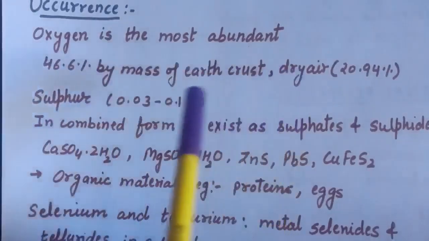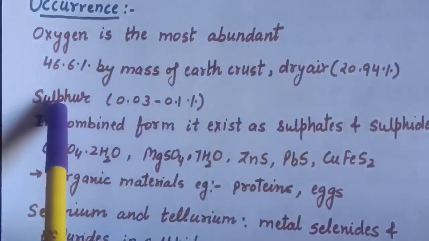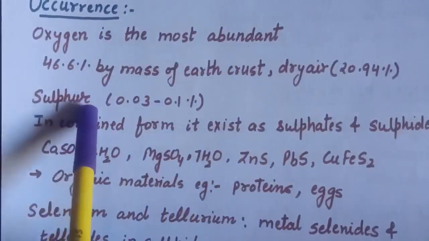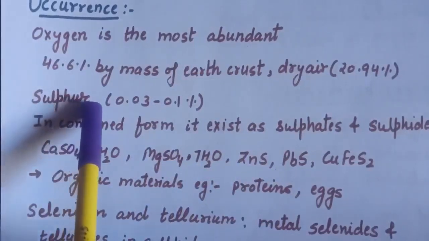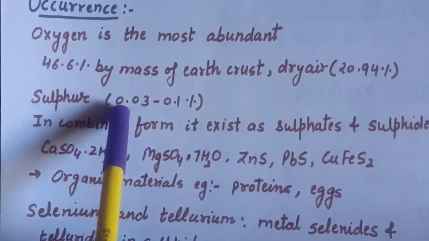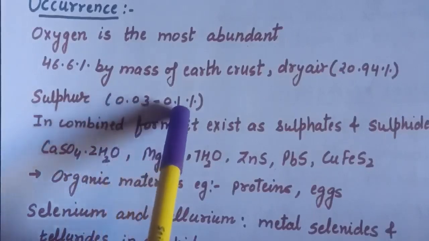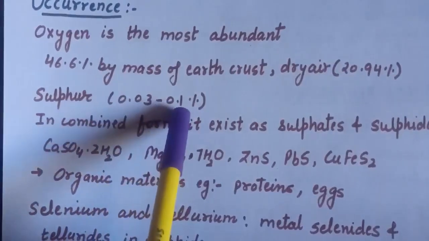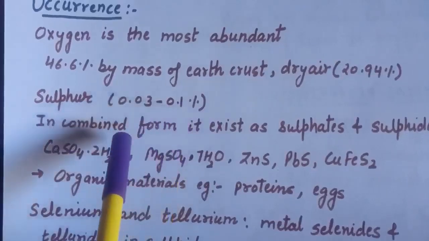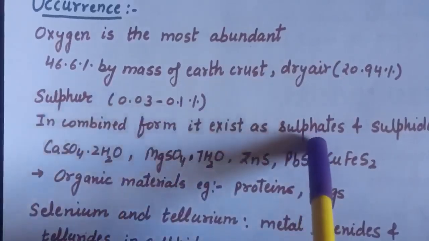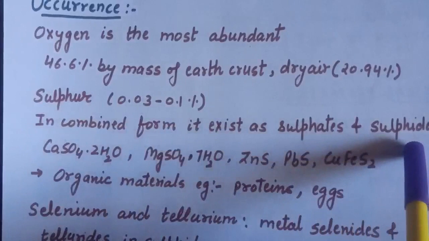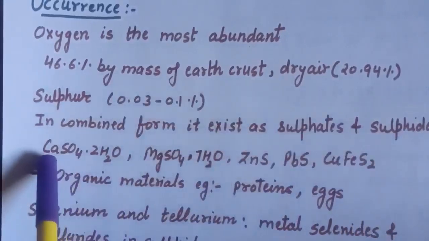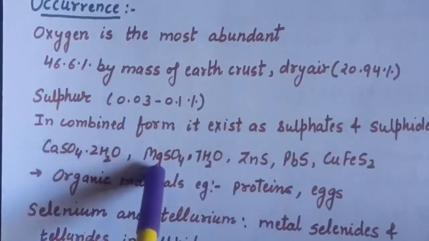Now when we talk about the occurrence of sulfur, sulfur in earth crust is only about 0.03 to 0.1%, and the combined sulfur exists as sulfates and sulfides. Example, we have calcium sulfate, magnesium sulfate.